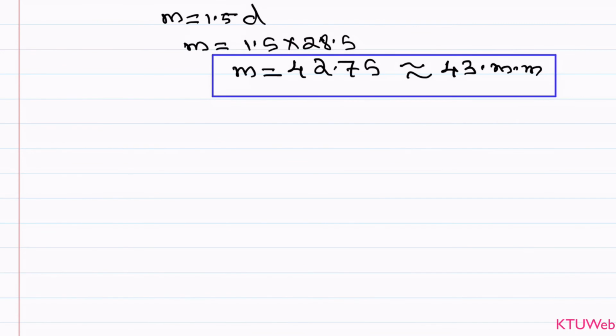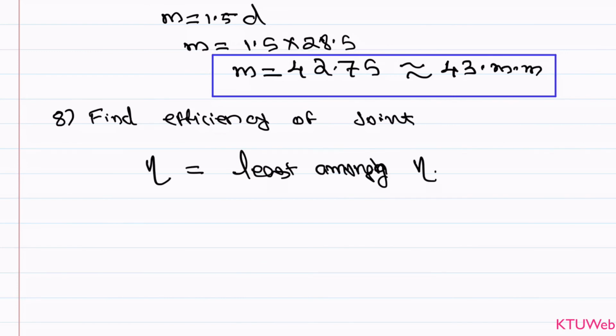And step 8 is the last one, where we have to find the efficiency of the riveted joint for this particular boiler. As you are aware, we have to find the least efficiency among tearing, shearing and crushing: eta T, eta S and eta C. So for that, we are going to find these three efficiencies. First, we find eta T, the tearing efficiency.